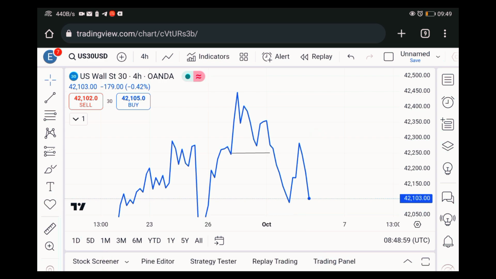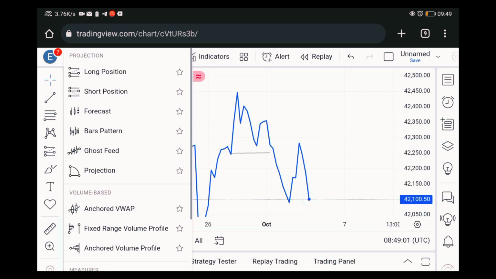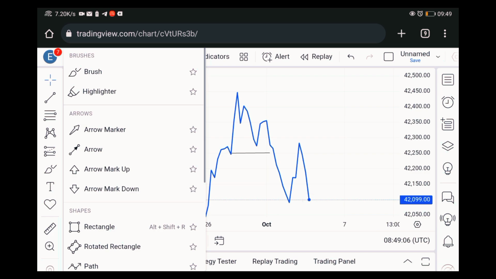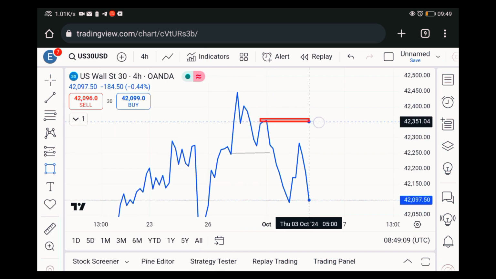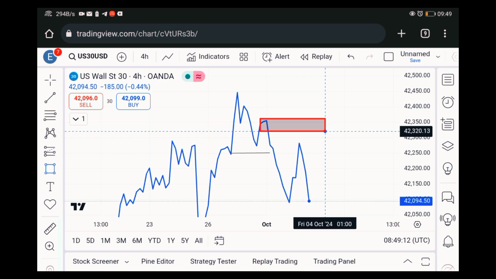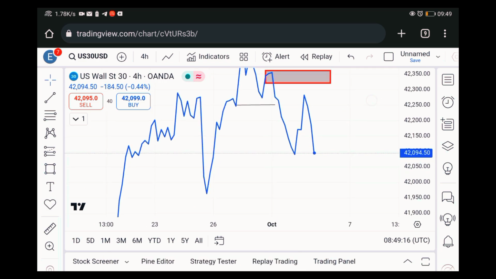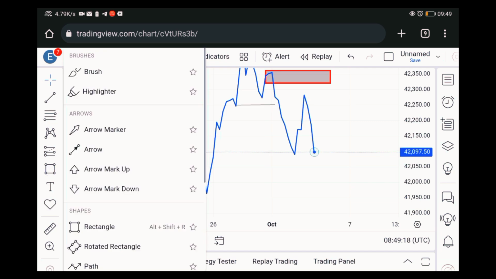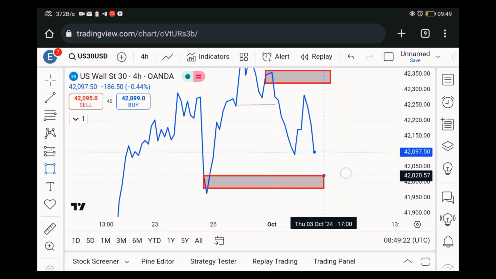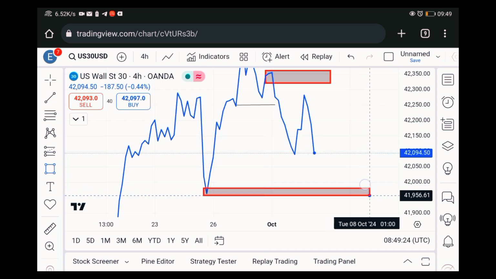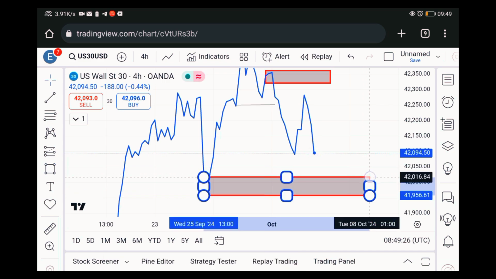So I picked my rectangular tool, and here was where I marked, because this was the low. This was the recent high that led to the break of this structure. And I also marked this low, which happens to be where the market will come into if the analysis was okay.